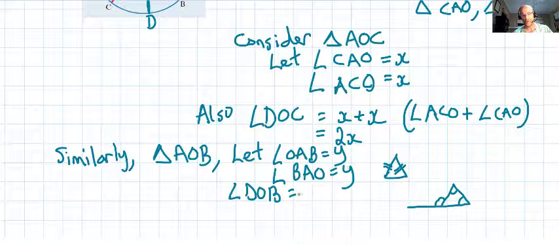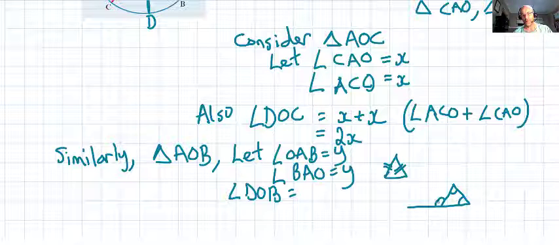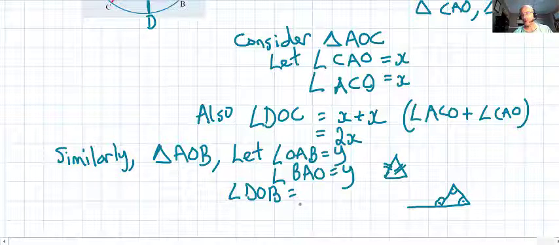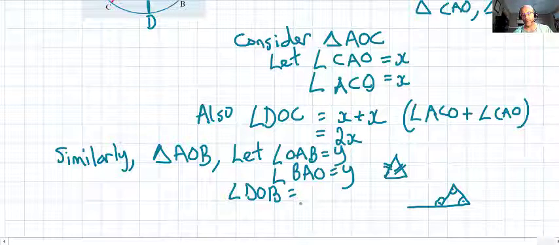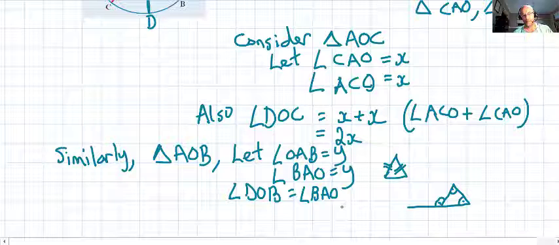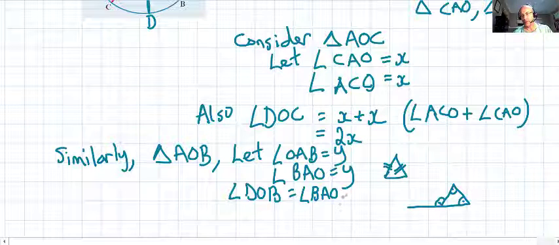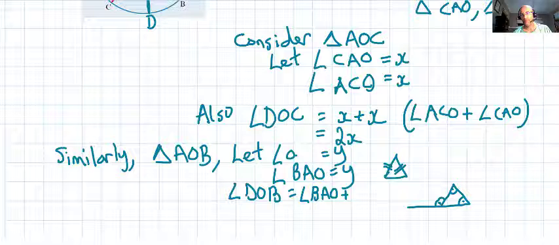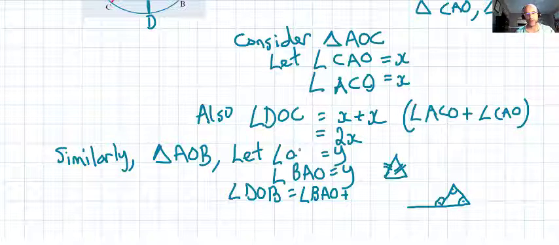Angle DOB at the bottom, because of the external angle equals the opposite two internal angles summed together in a triangle, will equal angle OAB plus angle OBA. Sorry, a little error there, going back a couple of lines.